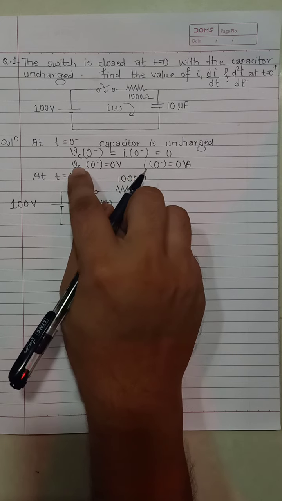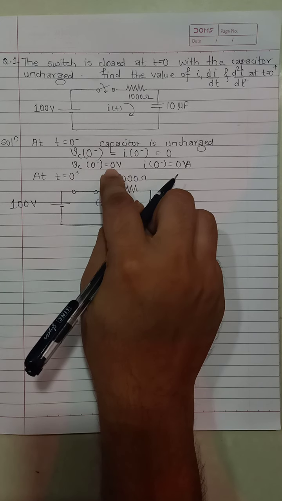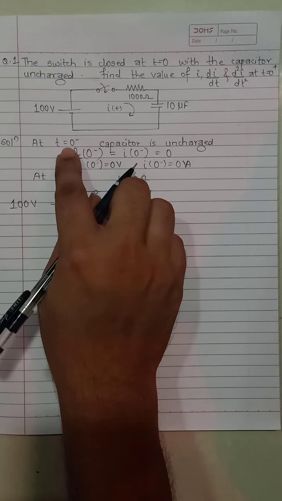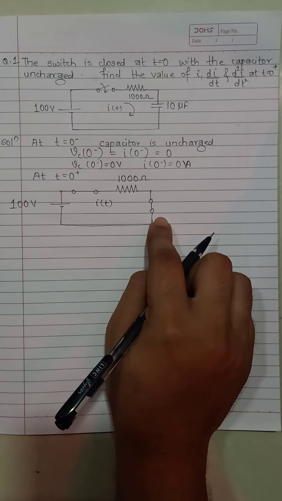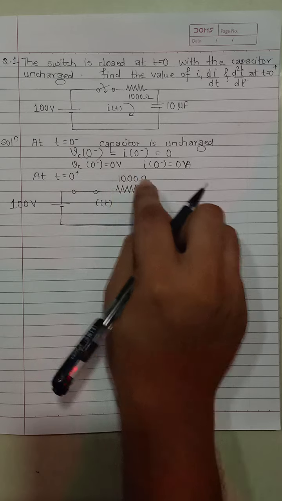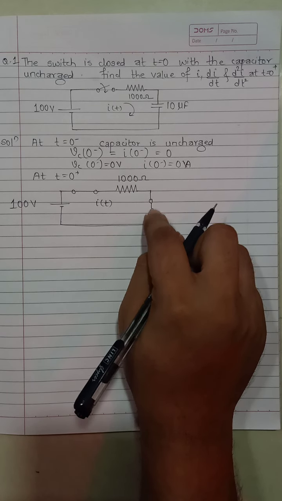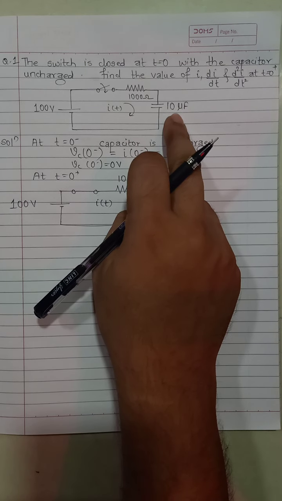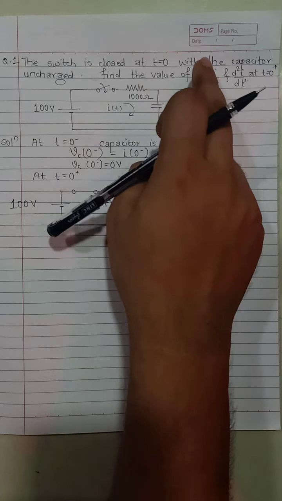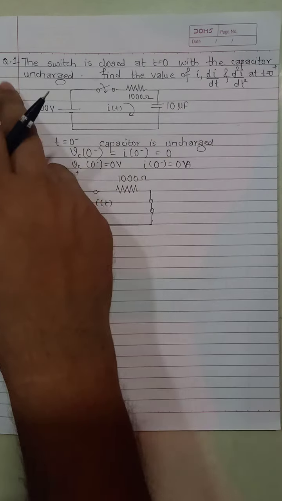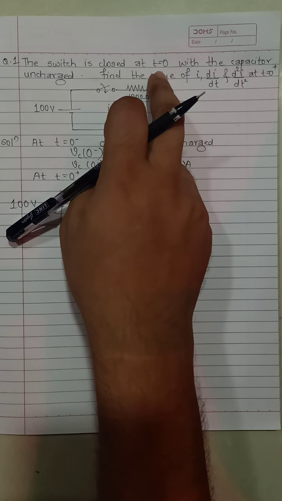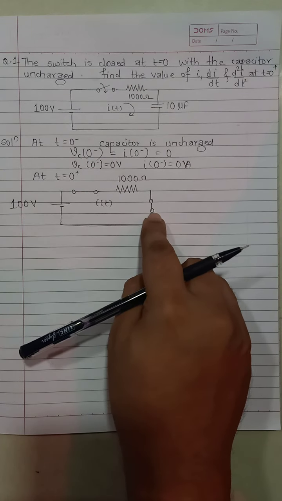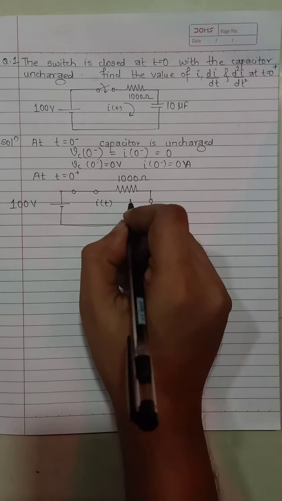Since the voltage across the capacitor is 0 volts at t equal to 0 minus, we replace the capacitor with a short circuit. If there had been any voltage, I would have shown that voltage here. Since they have told that the capacitor is uncharged for time less than 0, we are showing it as a short circuit.